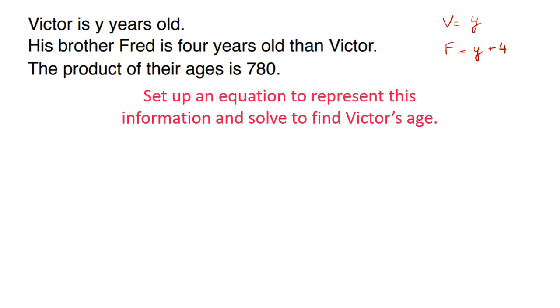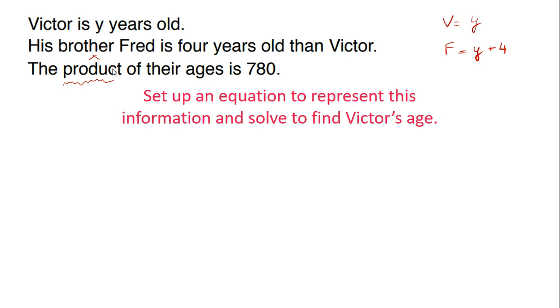And then the product of their ages is 780, which means that if Victor was, let's suppose, 6 years old and Fred is 4 years older, which means 10 years old. So if I were supposed to find the product of their ages, it would be 10 times 6, which is 60, right? Just to FYI, product means multiplication, if both the numbers are multiplied.